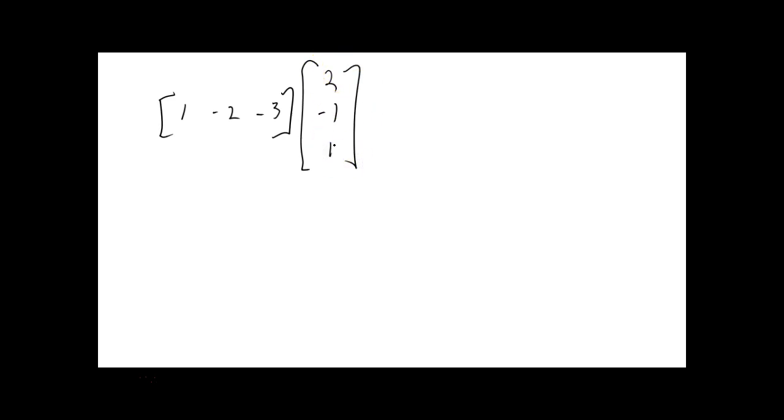Now, can you do that? Well, this is a 1 by 3, 1 row, 3 columns. This happens to be a 3 row by 1 column. And sure enough, the 3's are the same, wipe them out, and what you'll get here is a 1 by 1, which is just a single entry.